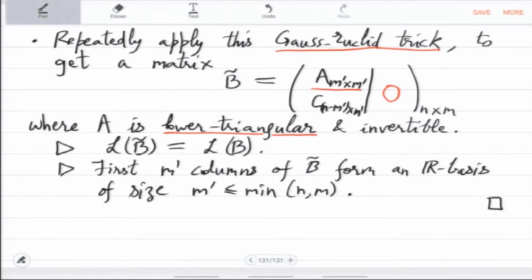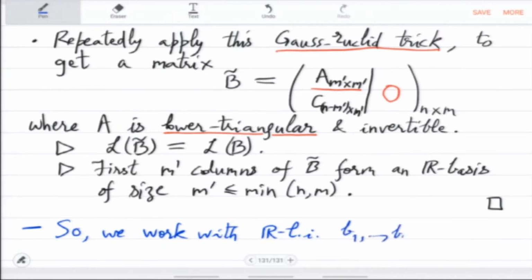So from now on what we will do is, we work with R linearly independent vectors B1 to Bm in the ambient space Z to the n, and we are interested in the lattice generated by them and we want a short vector.